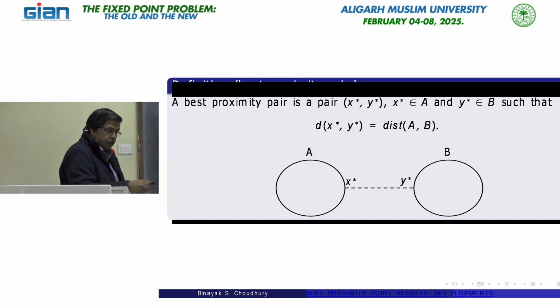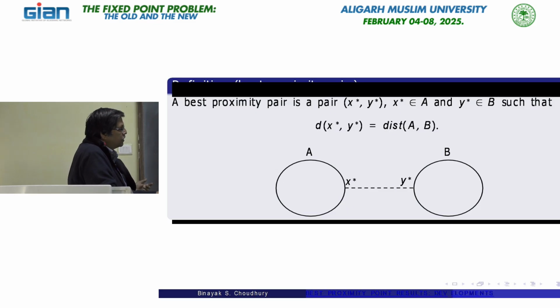So, there are many ways of doing it. Before the way we will adopt here, you can see that if it is a set A and if it is a set B, two parallel lines say, best proximity pairs can be infinite in number. (x*, y*) is a best proximity point.